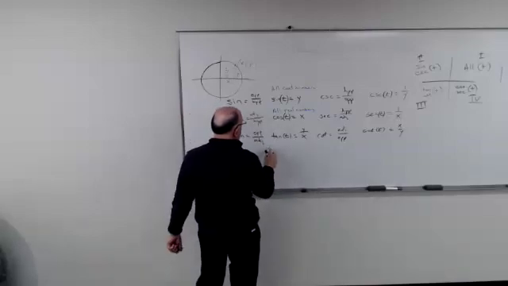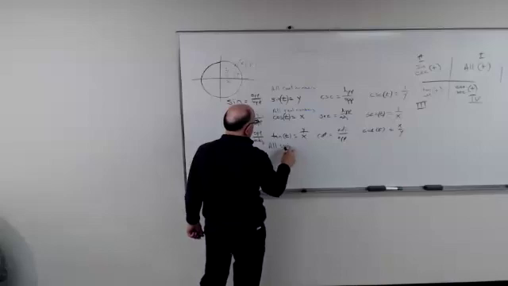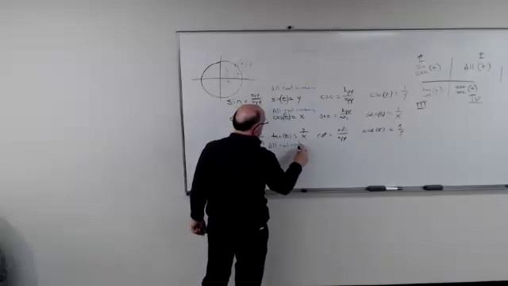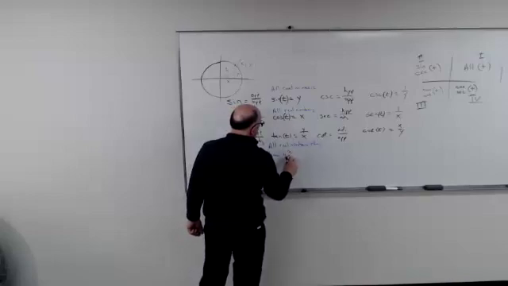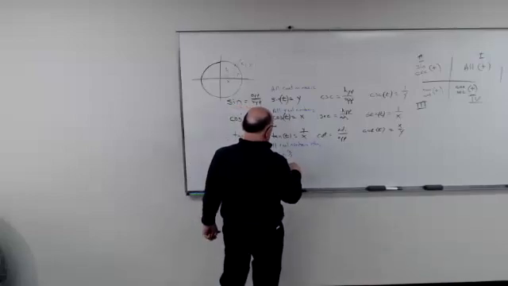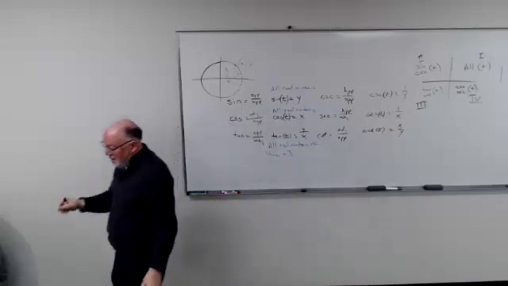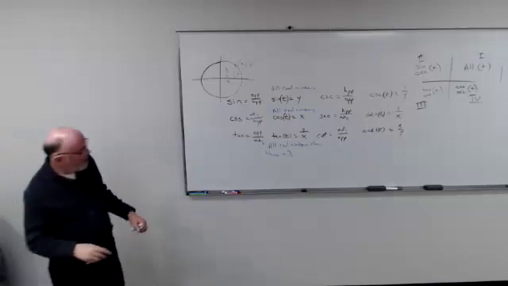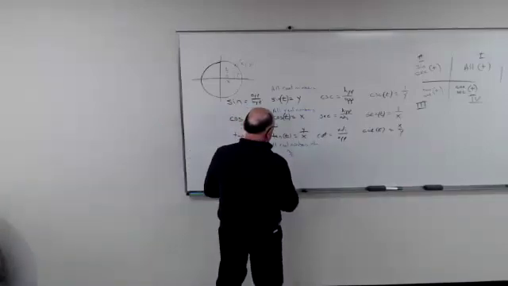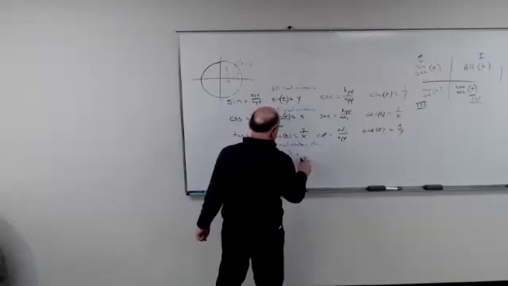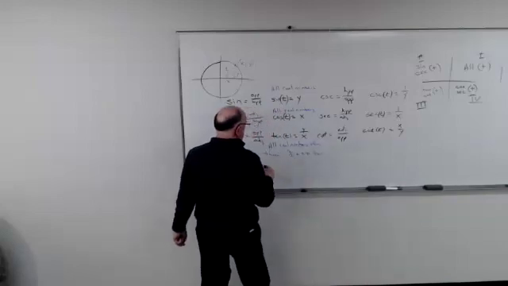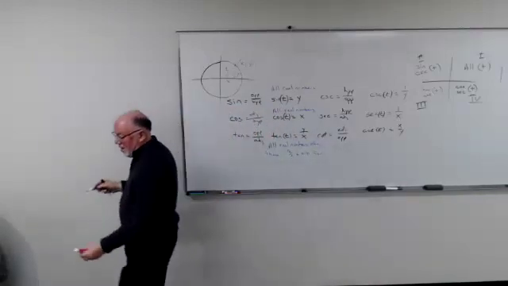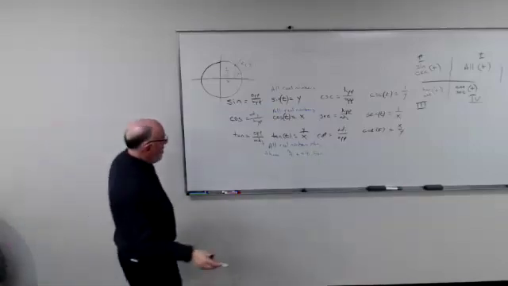And so this is going to be all real numbers other than n pi over 2 for every integer.